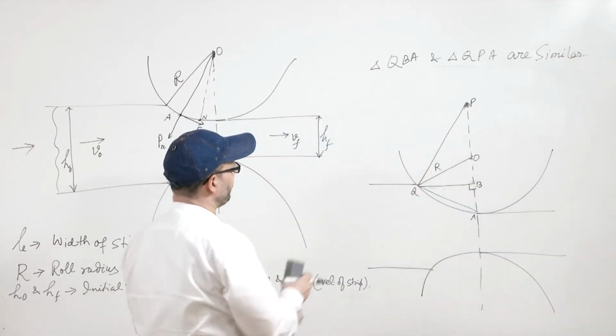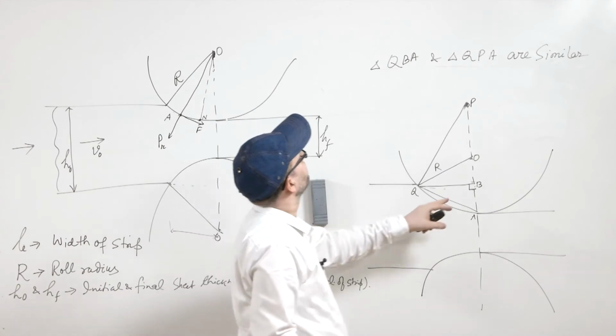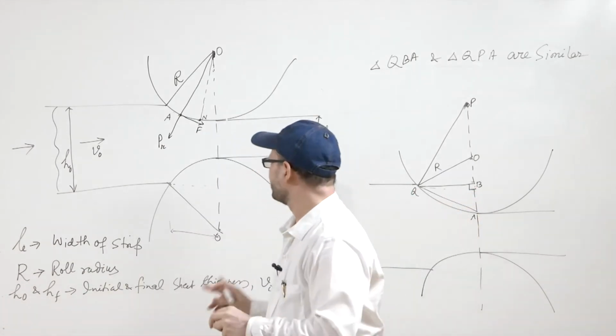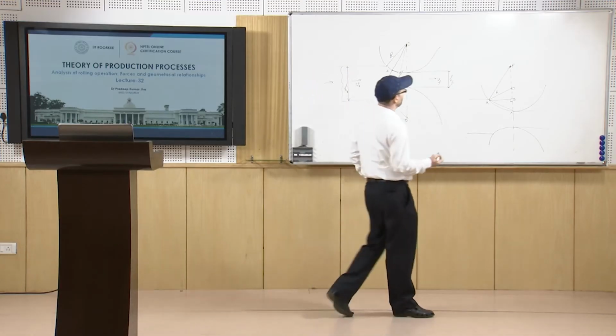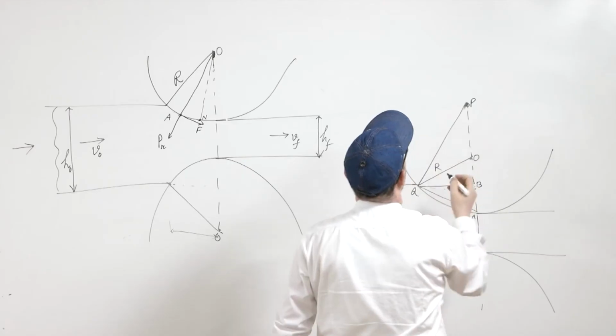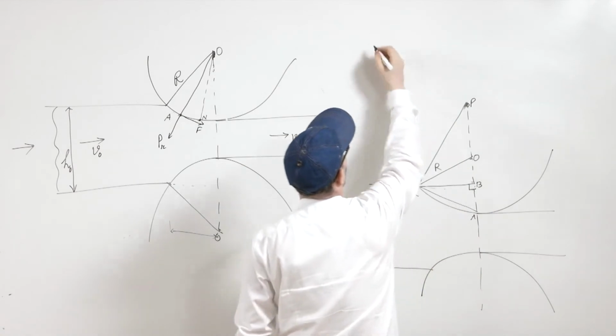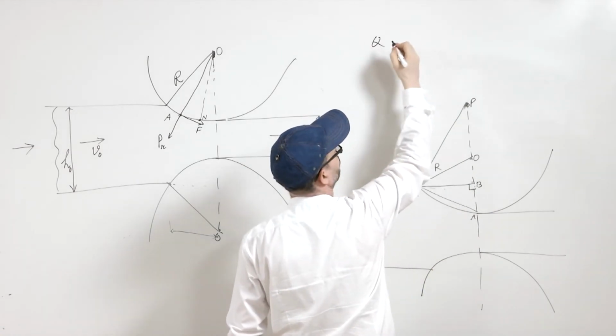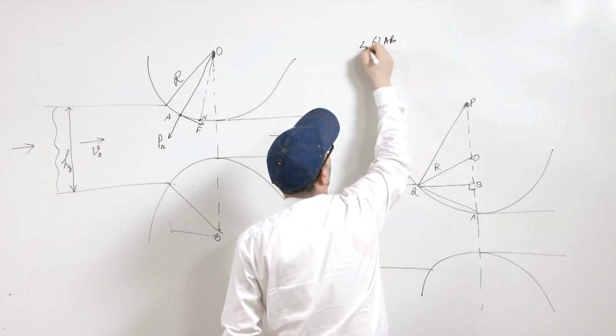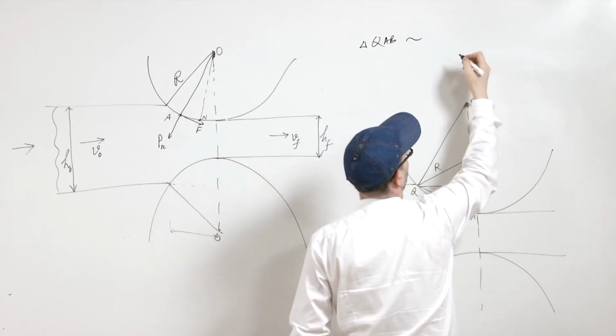In this way, by using the similarity condition, triangle QAB is similar to triangle QPA.